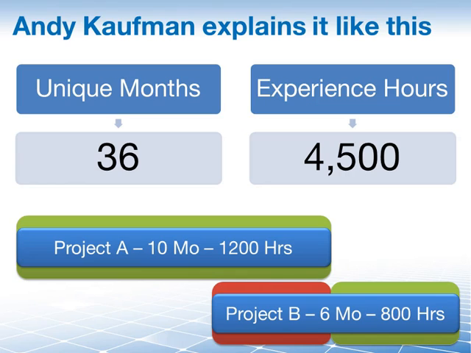So the totals for those 2 projects on the application are 12 unique months, because the project manager has worked from January until the end of December, and a total of 2,000 hours that he or she has worked on these 2 projects. They get to count the overlapping hours of Project B, but not the calendar months.